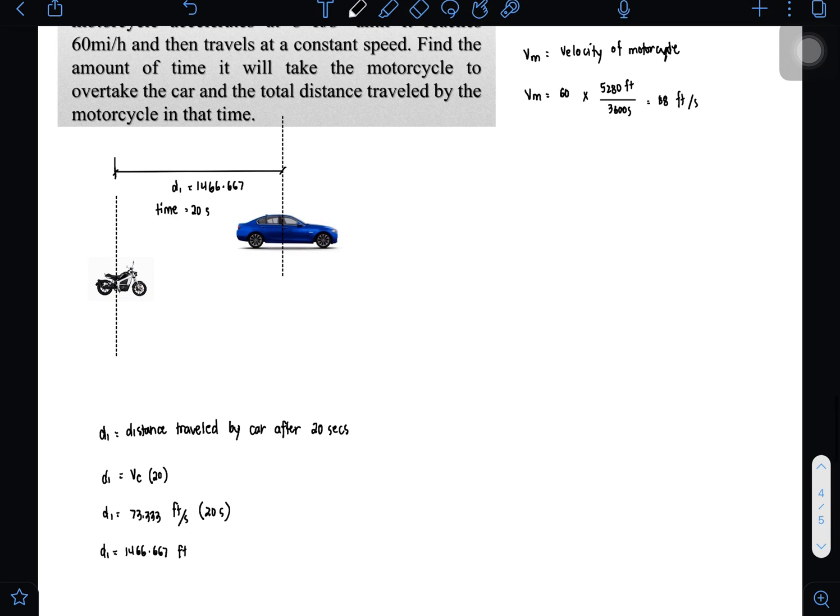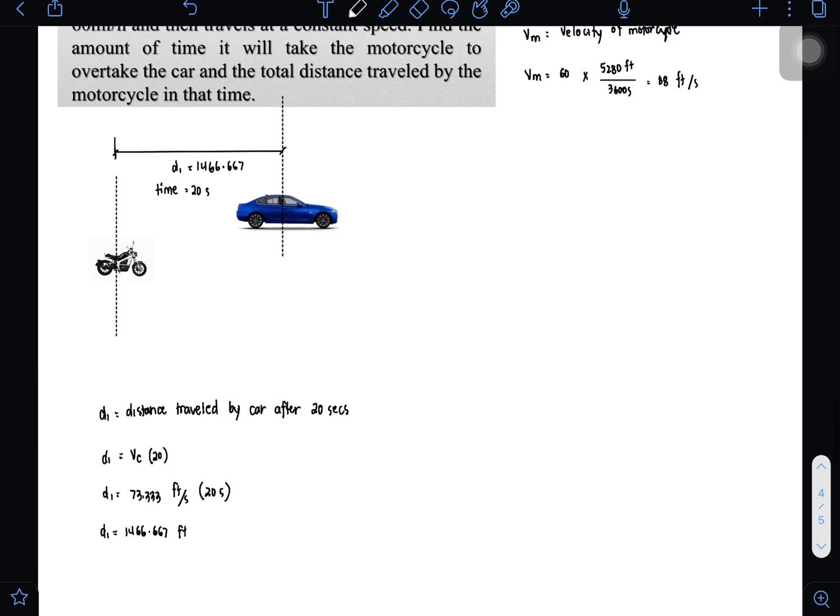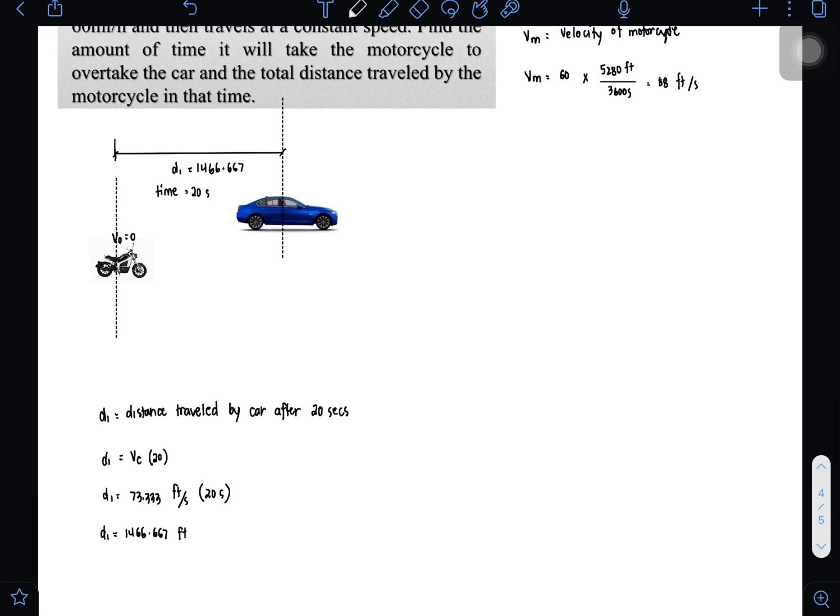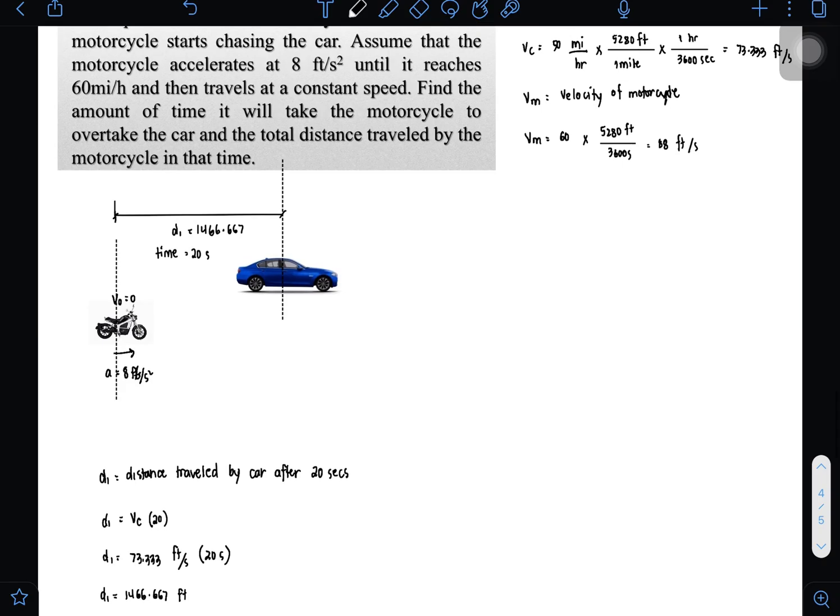So as soon as the car has traveled that time of 20 seconds, the motorcycle starts. So it has an initial velocity of 0, and due to acceleration of 8 feet per square seconds, it reaches the final velocity of 60 miles per hour.